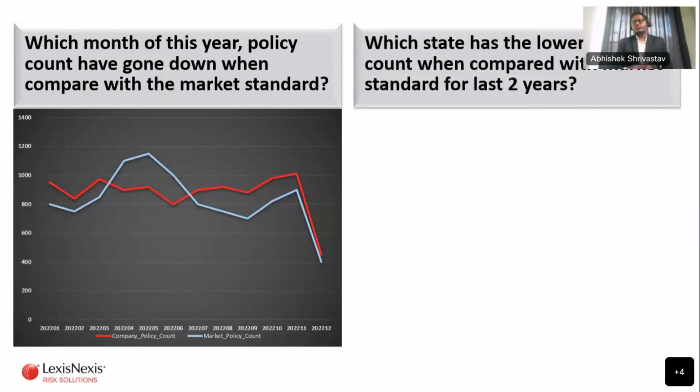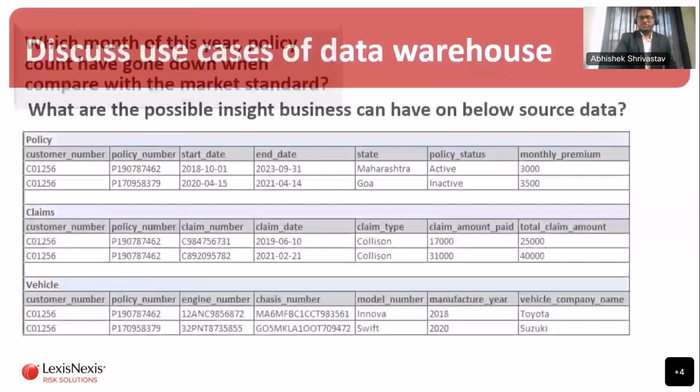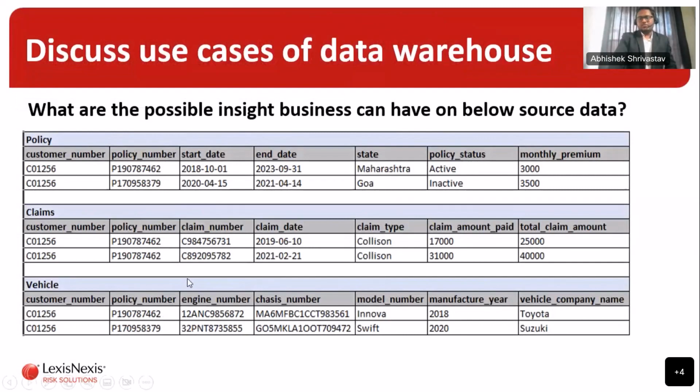In the same way, the second question which can be asked is, what's the minimum policy count we have state wise? We have seen in the past data that we have captured the state information as well in our policy data.